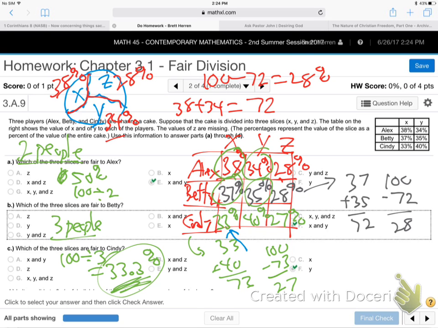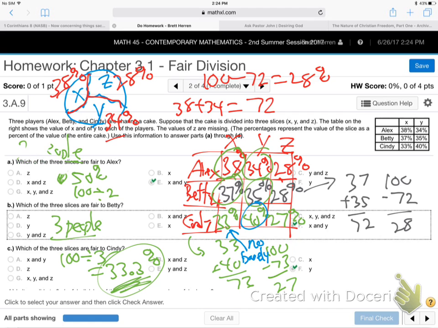So that's picky, but technically the only one she would think is a fair share is piece Y. The other two she thinks are below 33.3. They're below a fair share, even if piece X is barely below. We good? So now what does that mean?